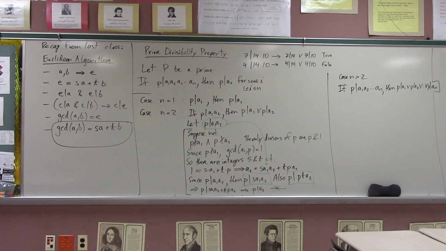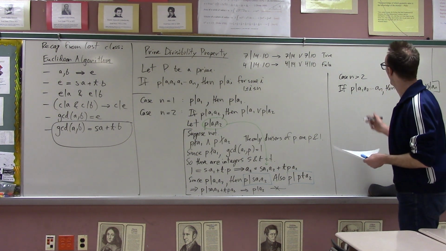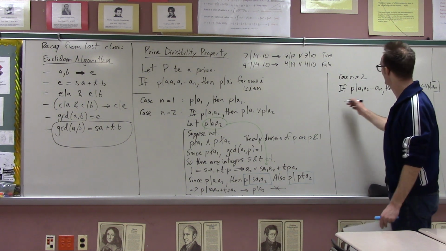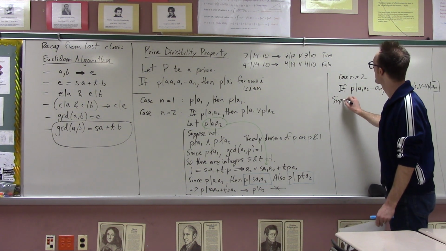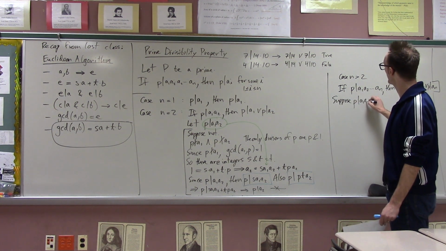Okay, but that's actually simple if we have the n equals 2 case, because we just repeat this. So basically the gist is, suppose P does divide A1, A2 to AN.